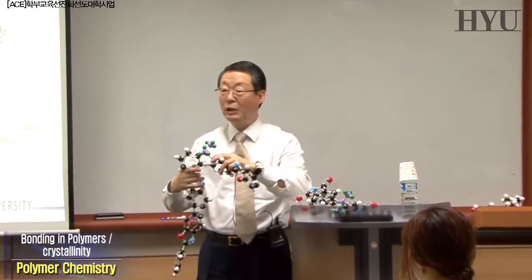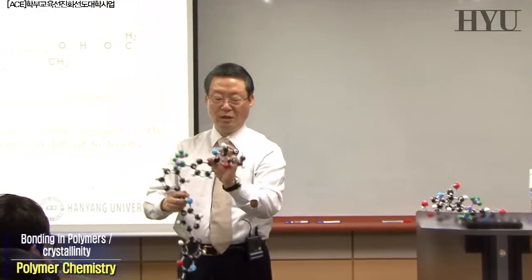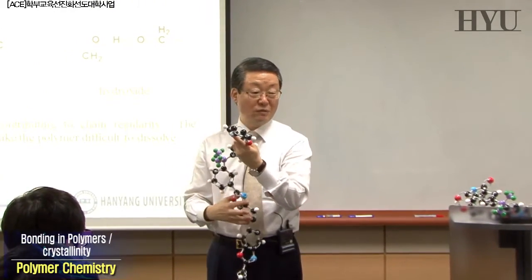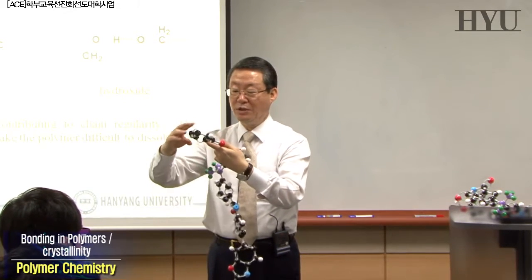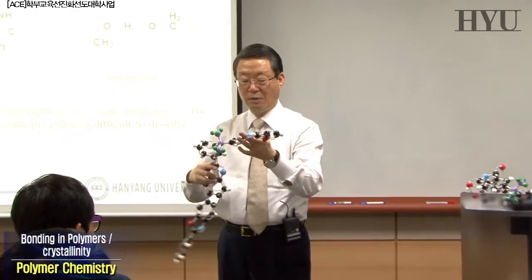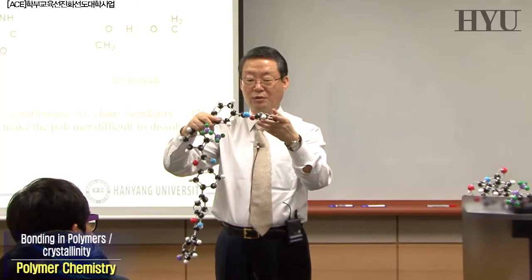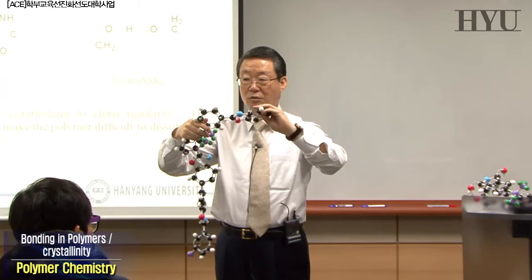Well, this is the polyimide case. This ring is a benzene ring. So the benzene ring is quite flat, as you can see. And the benzene ring is not flexible. But if you have a carbon-carbon structure, if it's a single bond, it's rotatable.